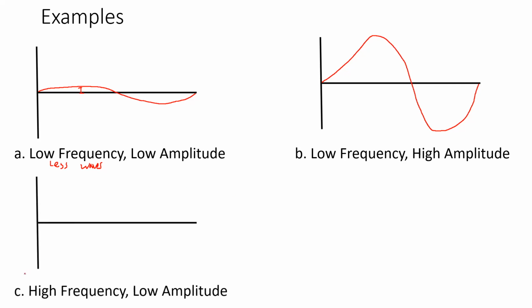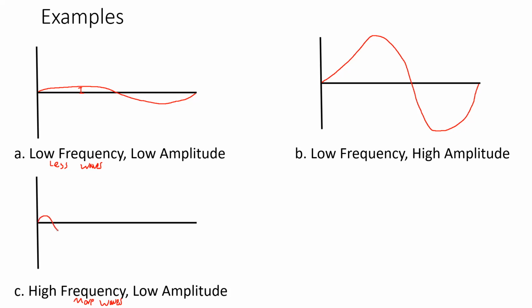All right, let's look at two more. The first one is high frequency. So instead of less waves, this time we're going to look for more waves. So let's just say we'll try and fit 4 or 5, and a low amplitude. Again, it is this low amplitude, so it's not far from the origin line. So let's give it another go.